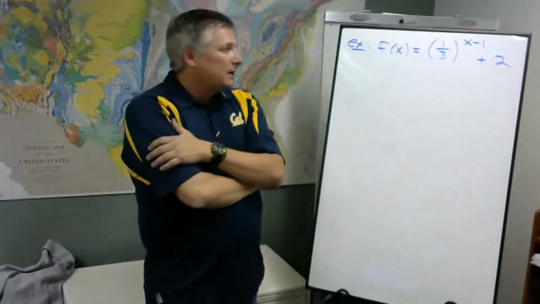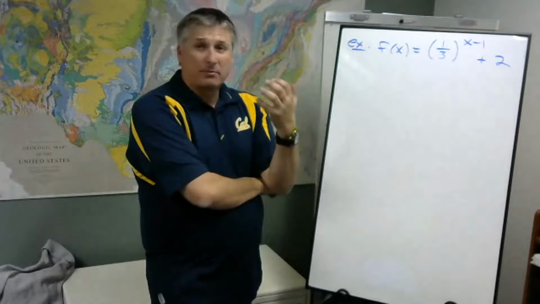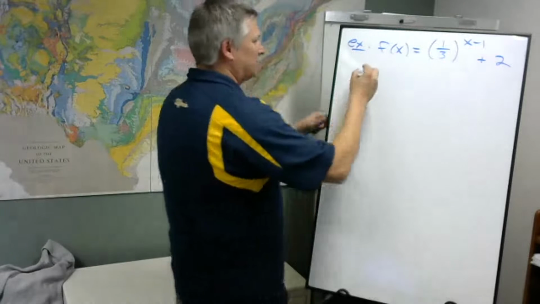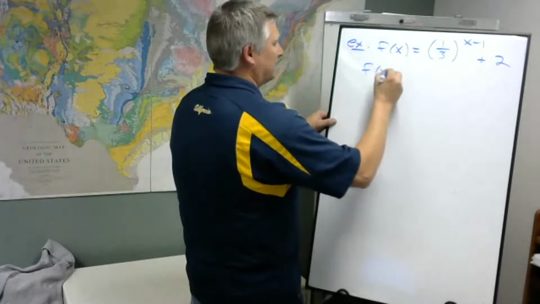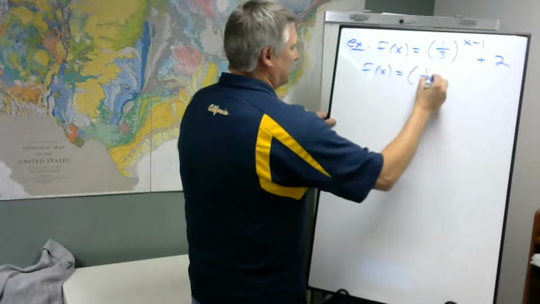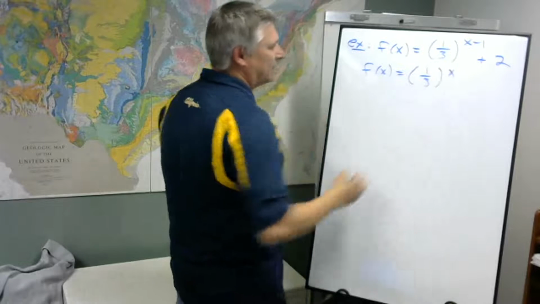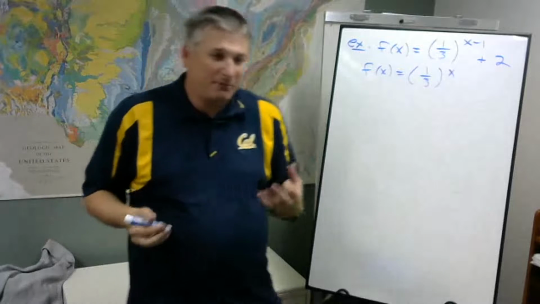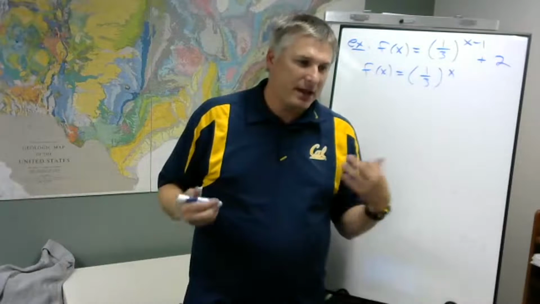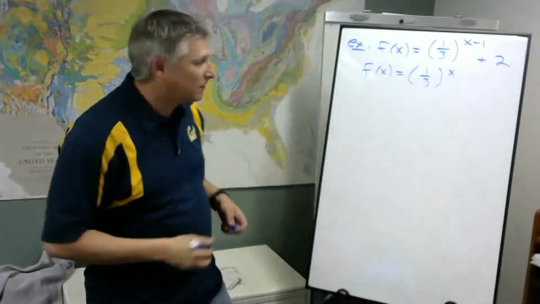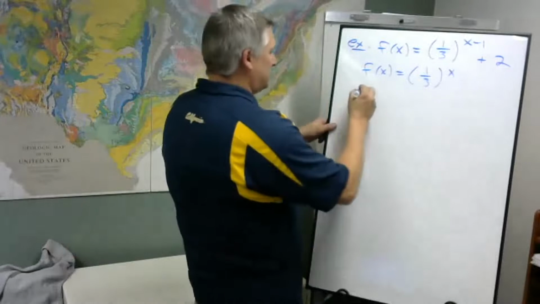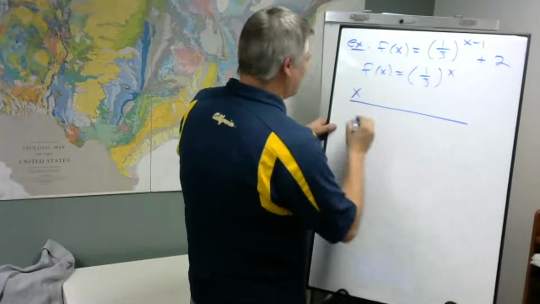What we want to do here is start out with our base function, so f of x is 1/3 to the x. And again, for test points, I recommend using x is -1, x is 0, and x is +1. And you can put these together real quick.